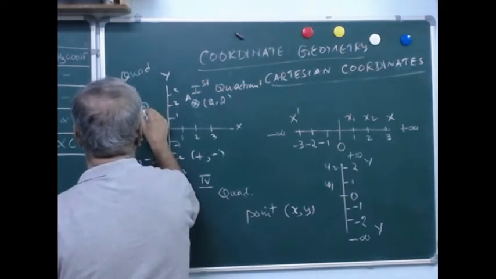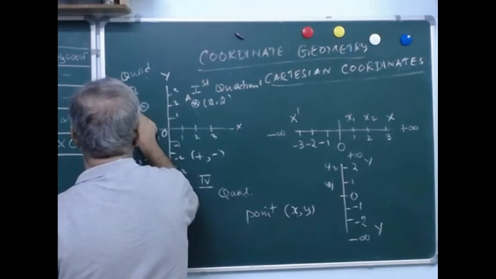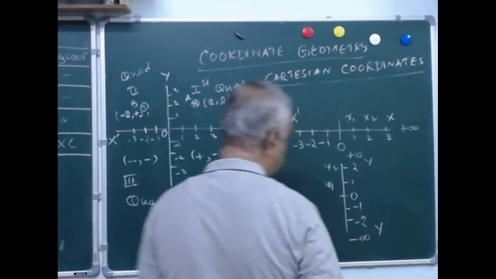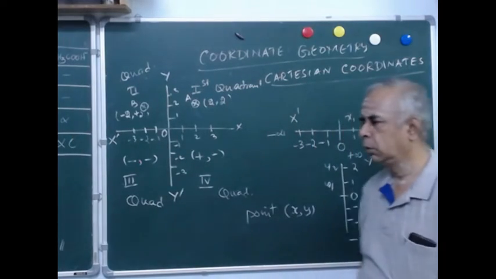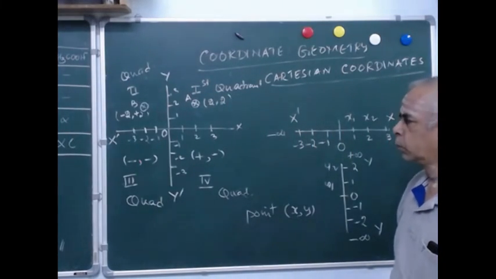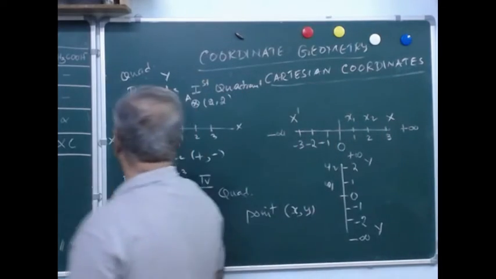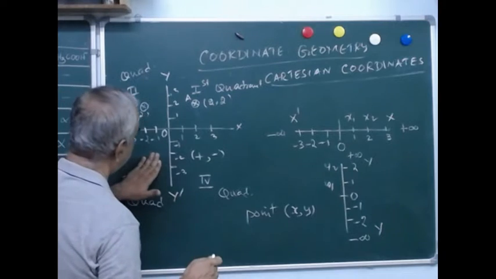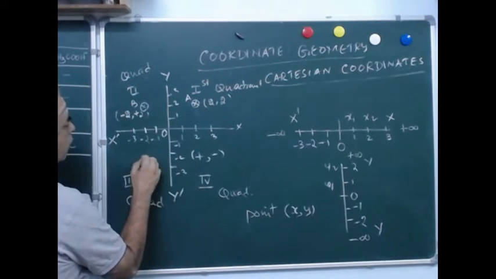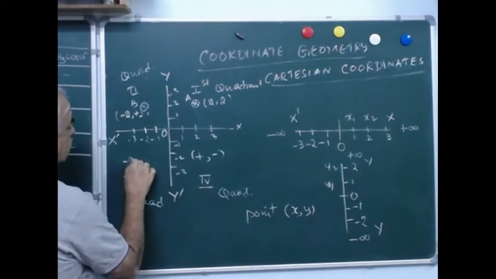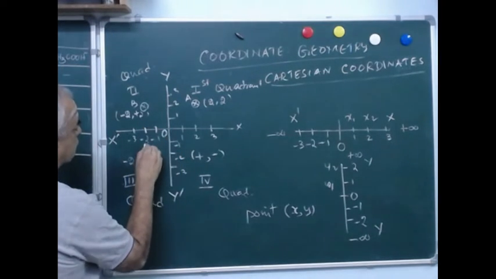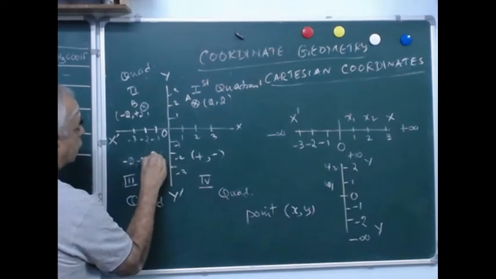And what about this point? This is minus 2 comma plus 2. Got it? So this is the way you have to mark. Okay, please note down. And what about this one? This is minus minus. Suppose when I take minus 2 means on x-axis minus 2, on y-axis minus 2. So you can join like this. You put dotted line and join here.